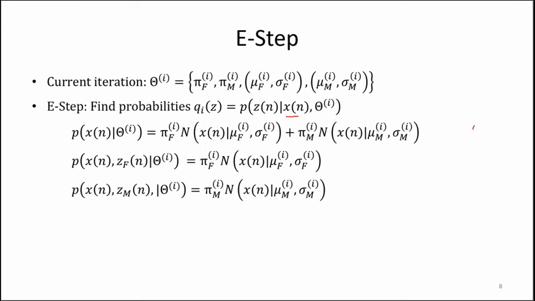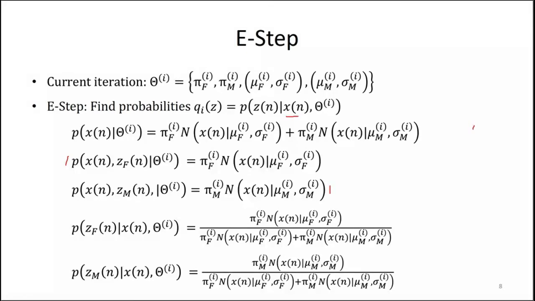The joint probabilities P of x n comma z f are given by these expressions. The first one is pi f i N(x n given mu f i, sigma f i), and likewise for pi m for the male.